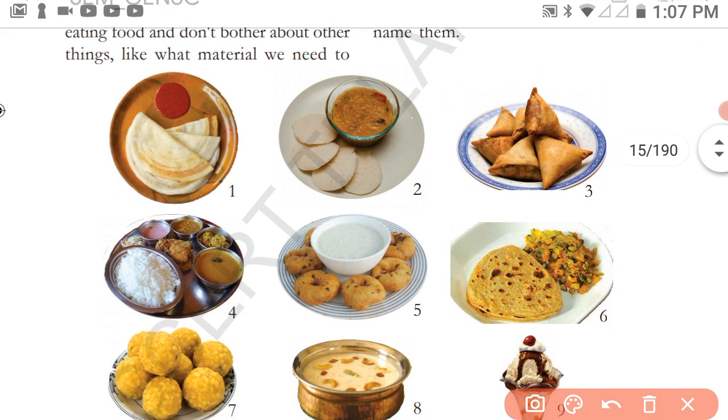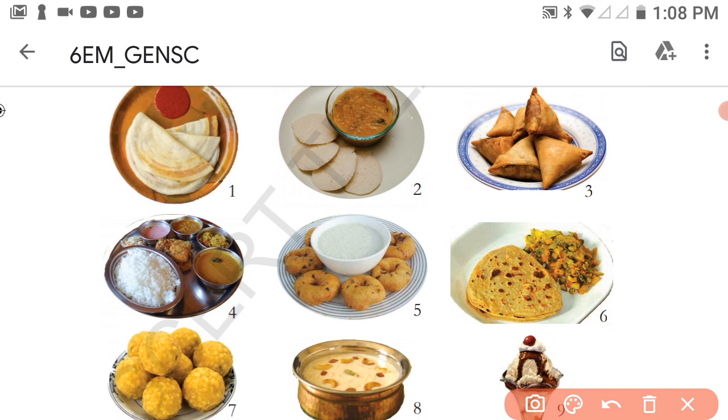And then we have this plate. Yes, now looking at this, you will make a fuss that you don't like to eat it, right? Yes, rice. Look at this plate. It contains rice. Look at the dishes in this plate: rice, sambar, curry, curd, and other vegetables and other food items.